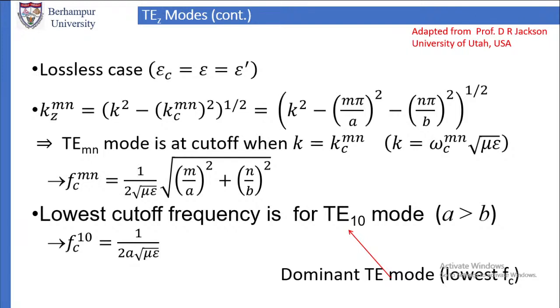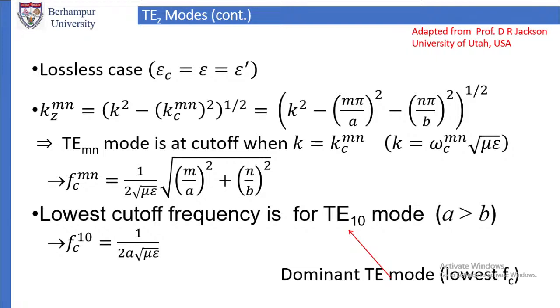Now if m I take 0, that is not possible. m equal to n equal to 0 is not possible. So for smallest frequency, m has to be 1. If m is equal to 2, the frequency will be larger: 2 times the smallest frequency, 3 times the smallest frequency. So for smallest value, m has to be 1.